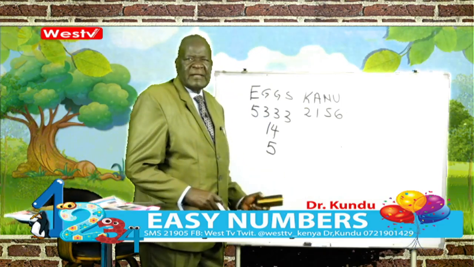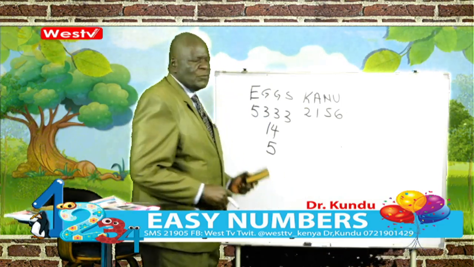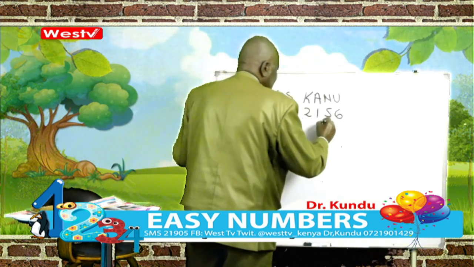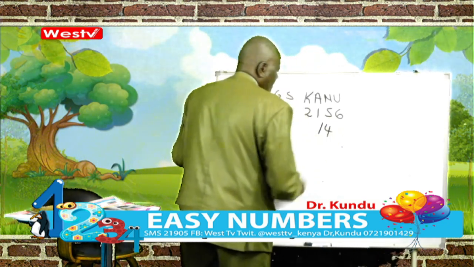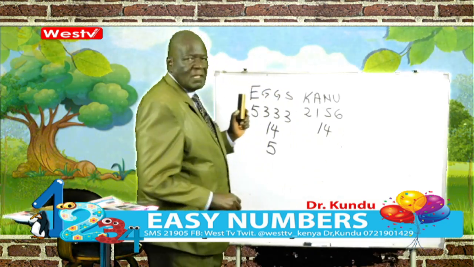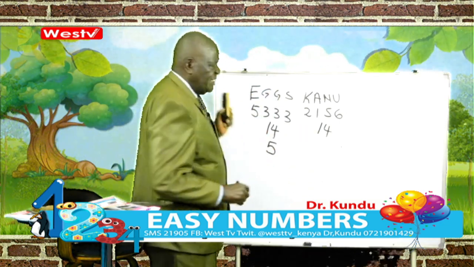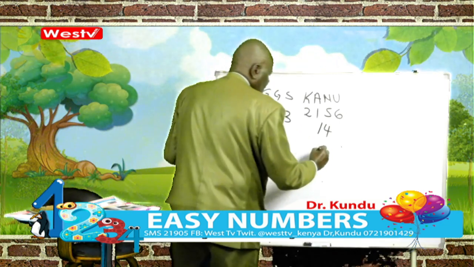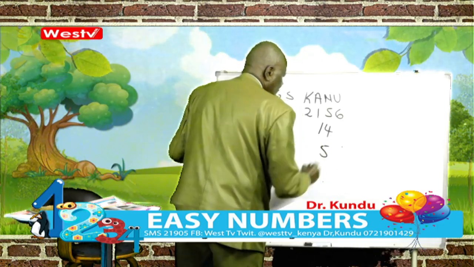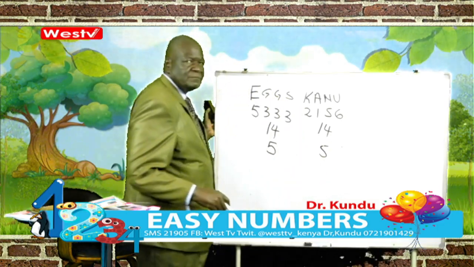When you add this, you find compound 14. And when you go to single number, then 1 plus 4, you find single number 5.